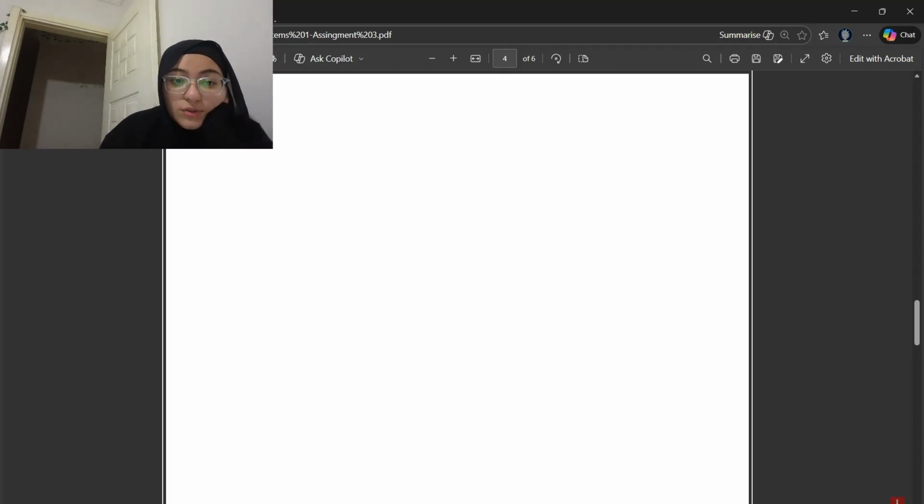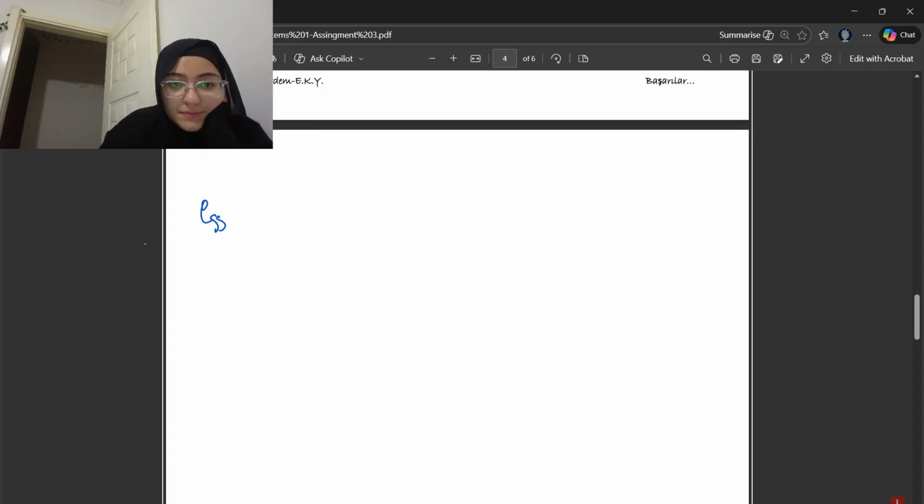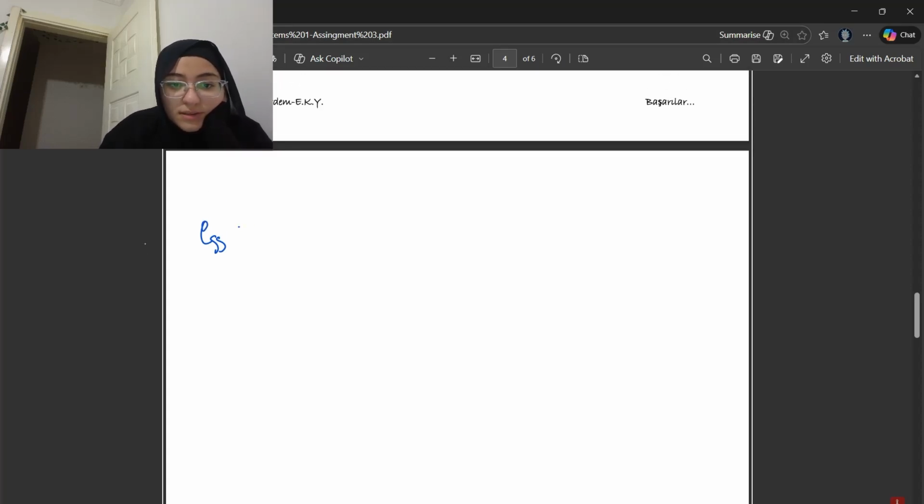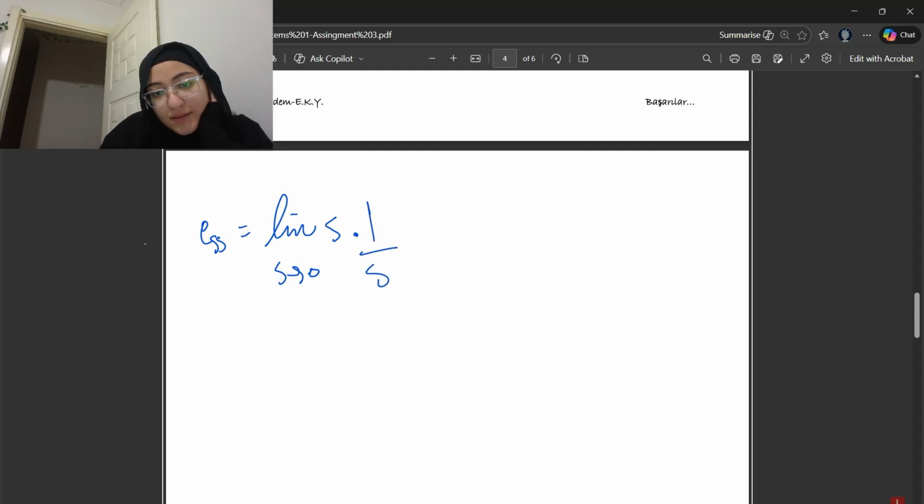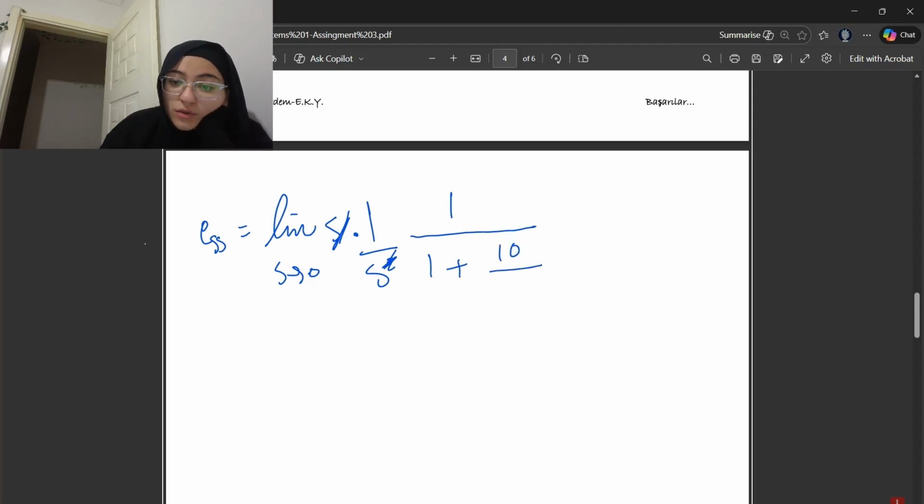First thing, because it's the second order, and when we say ESS, ESS equals limit s goes to 0, s multiplied by 1 over s squared, multiplied by 1 over 1 plus 10 over s, s plus 5. How are we going to solve this?